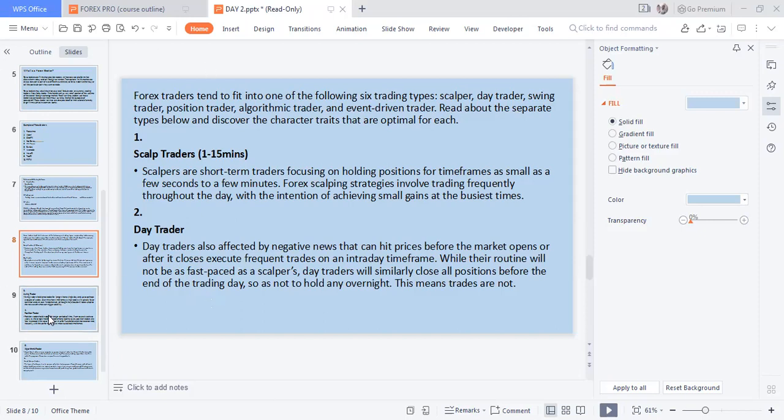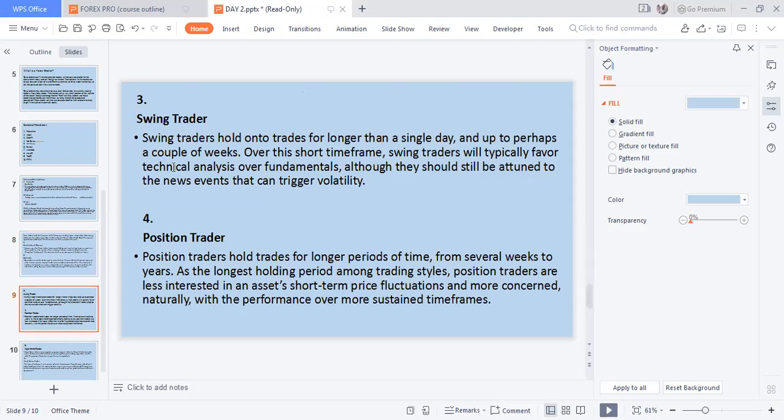Now, a swing trader is a trader that takes up to one swing in the market. What am I trying to say? There are some traders, when they see that the market is going up, they enter the market as a buy. A move in the forex market is a swing. One bad thing about swing trading is that swing traders always have a couple of trades.